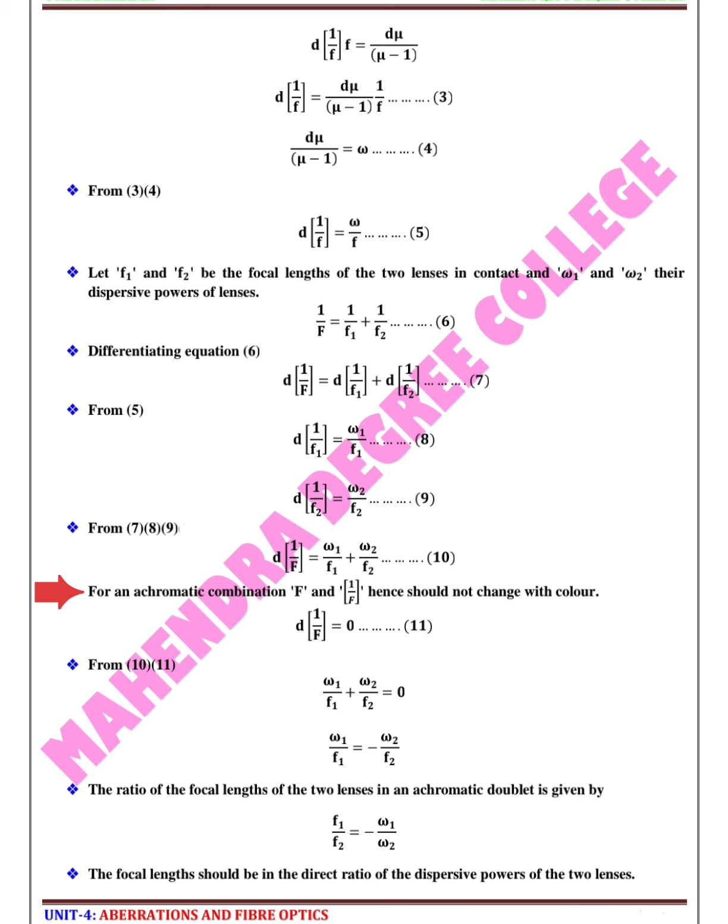In simpler terms, for an achromatic doublet, the combination must be free from chromatic aberration, that is, no change with color. It means differential of 1 by f equals 0. This is equation number 11.